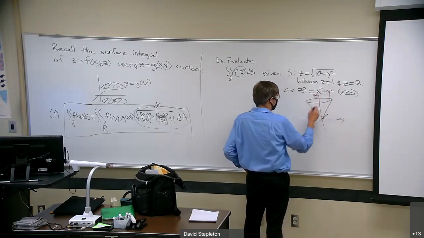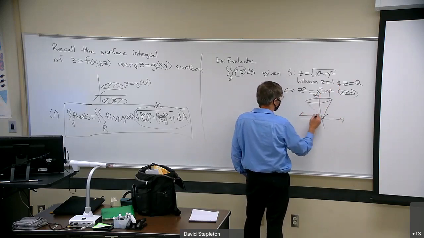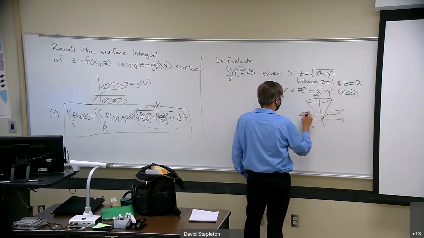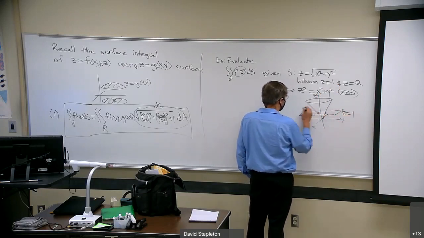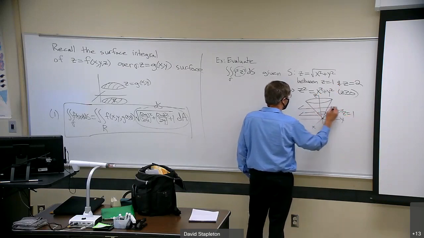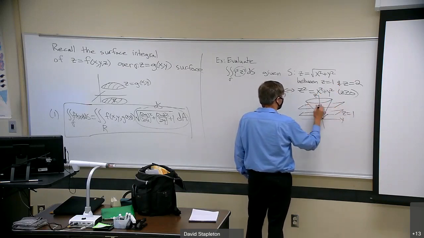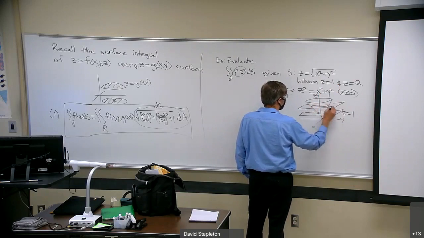Now I'm going to restrict myself to be between z equals 1, this horizontal plane that intersects this in a circle, and z equals 2, this plane that intersects it in another circle, since it's a circular cone.